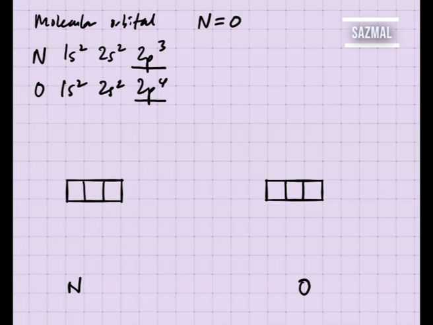So the interaction here will form the pi 2p and also the sigma 2p.